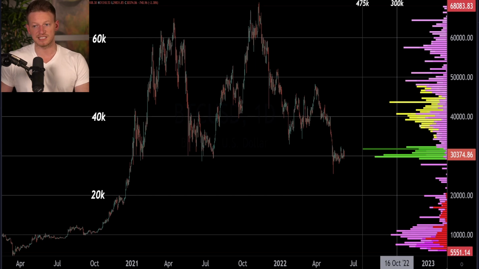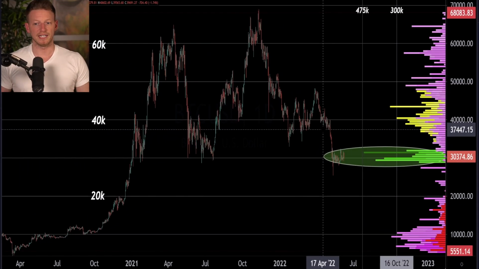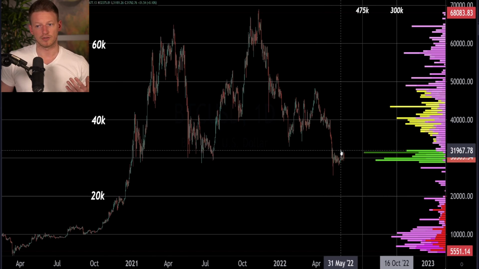So if we were to instantly go up to 40K right now, you would see a large swell of coins form right at that level, because short-term traders make up a large percentage of the daily volume.